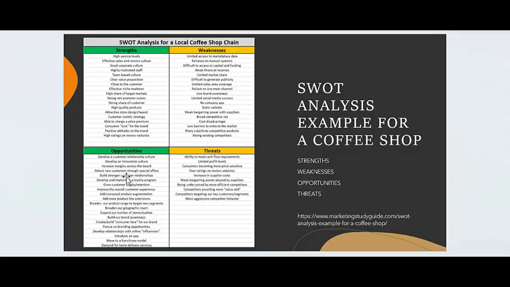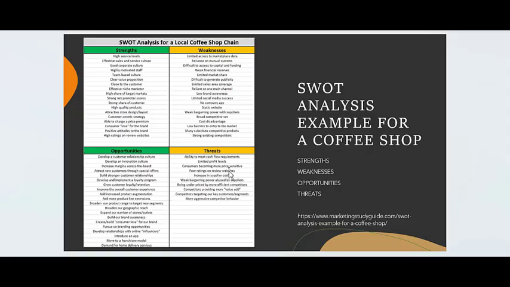All right, then if we look at opportunities, we ask, where can the company go? You take those strengths and how does that help us propel forward? The opportunities here are that they can continue to develop that customer relationship culture, add more product line extensions, and build brand awareness. Those are all things that are going to help propel them.